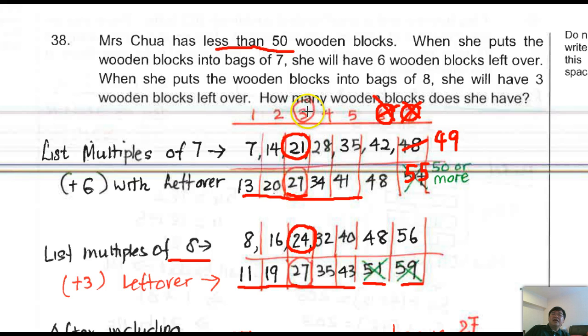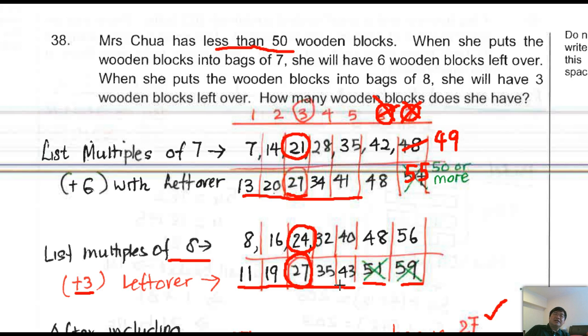Okay, so 8 is 24, but when you add up the leftover, it gives you also 27. So the answer is 27. She has 27. Making this arrangement or this arrangement, her total must still be 27.